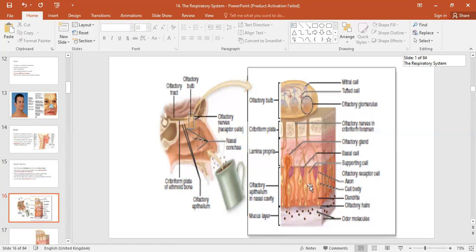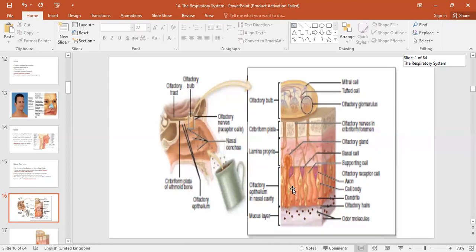So three types of cells we mentioned in olfactory epithelium: basal cells, which are acting as stem cells to replace either support cells or olfactory cells. Olfactory cells are the actual cells of the sense of olfaction. Then the support cells are there to act as connective tissue. So they are supporting the olfactory cells, both anatomically as well as physiologically.